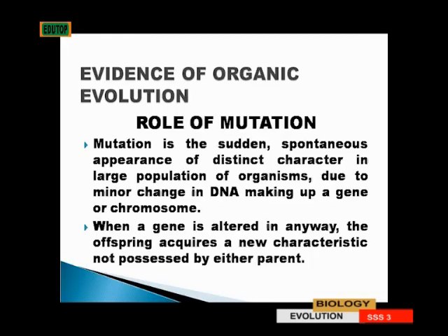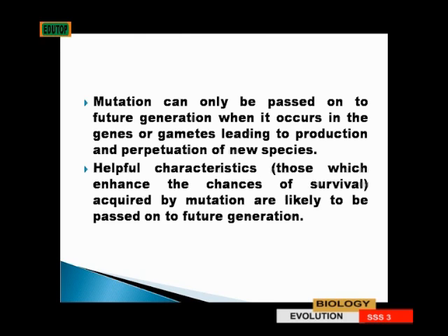When a gene is altered in any way, the offspring acquire a new characteristic that is not possessed by either of its parents. Mutation can only be passed on to future generations when it occurs in the gametes, which leads to the production and the perpetuation of the new species.